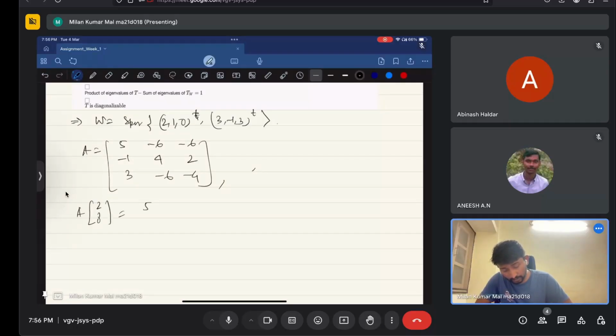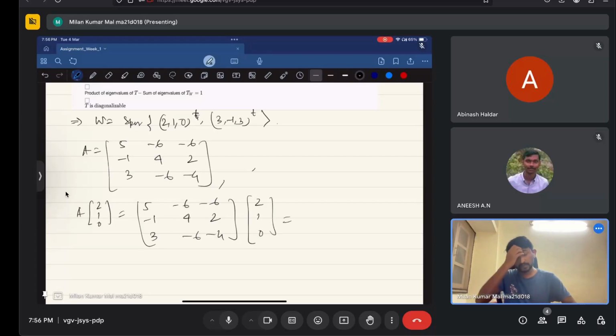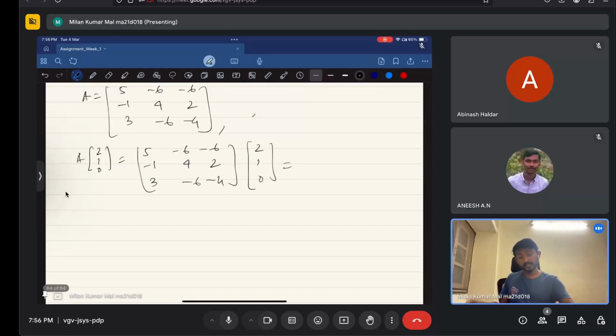That is 5 minus 6 minus 6, minus 1 4 2, 3 minus 6 minus 4, times 2 1 0. The first entry is 10 minus 6, that is 4. Then minus 2 plus 4, that is 2, and the last is 6 minus 6, that is 0. So this equals 2 times 2 1 0.